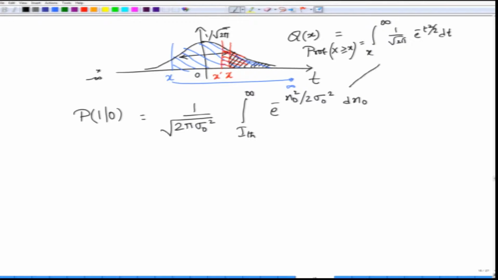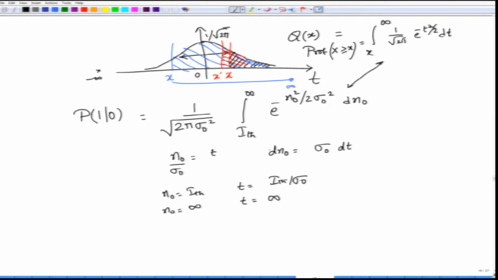So clearly if you look at these two expressions, in place of t I have put n0, right. So let me define n0 by sigma 0 as a new variable t, then I know that dn0 will be given by sigma 0 into dt, and when n0 is equal to I threshold, t will be equal to the lower limit, t will be equal to I th by sigma 0, and when n0 is equal to infinity, t will be equal to infinity.